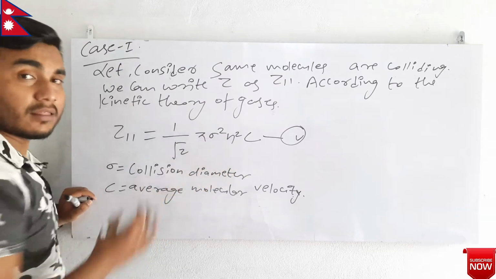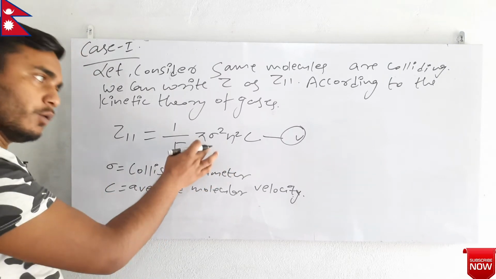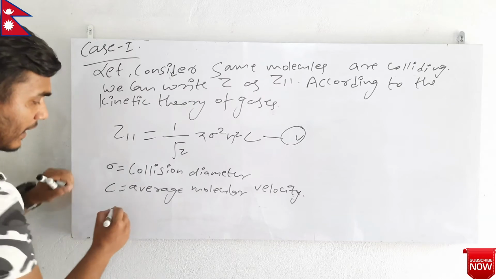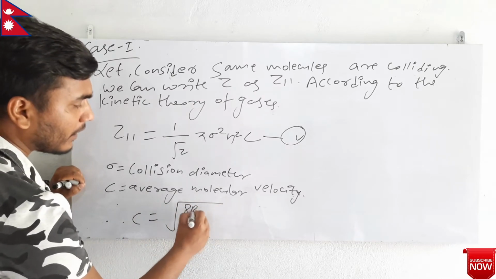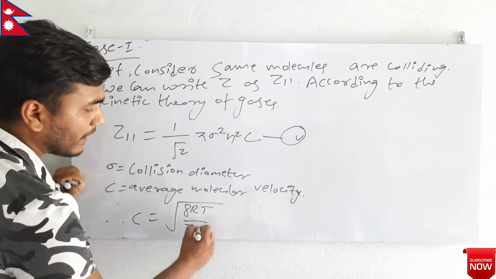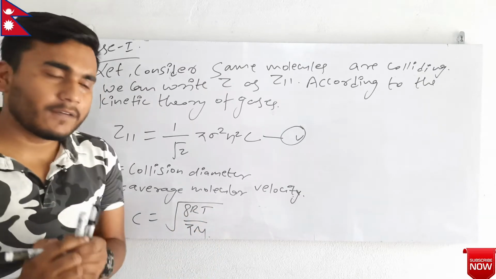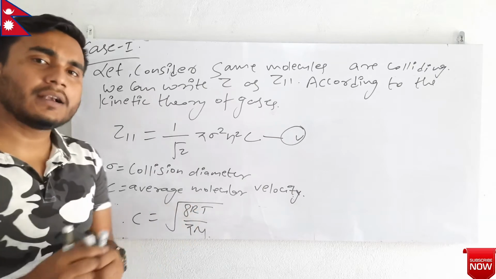Okay, and this n is the number of molecules, and we know pi is a constant, right? And c further can be written as root under 8RT by pi m. Okay, the formula for c is root under 8RT by pi m.